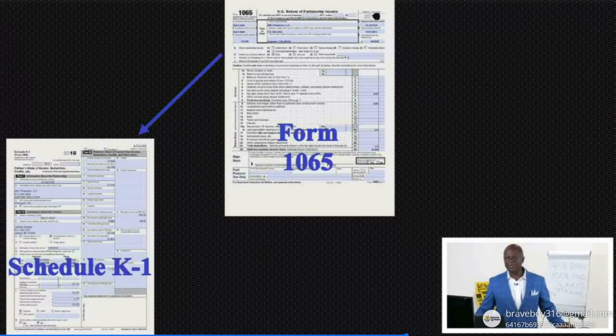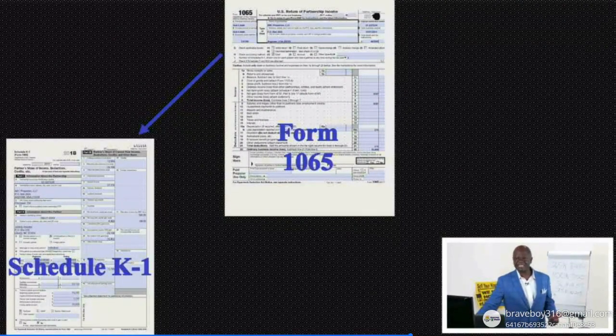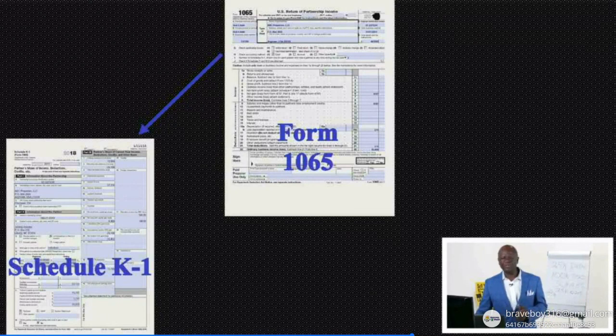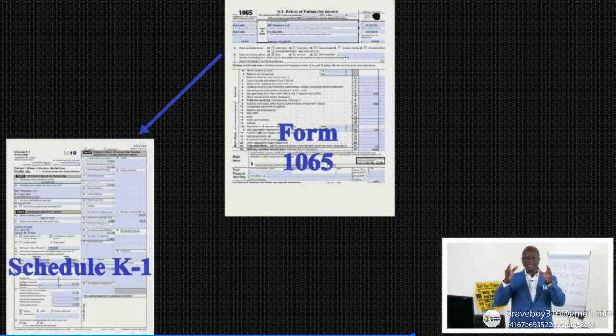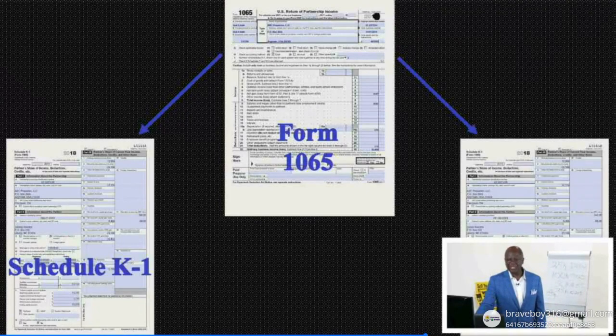That's your business tax return, U.S. Return of Partnership Income, Form 1065. Okay. And that Form 1065 is going to aggregate all of your business activity on the first page. And then the profit and losses from the business will go to the members of the company by virtue of Schedule K1, as you see illustrated here. So you would have 2 partners. One partner would get a K1 and the other partner gets a K1.